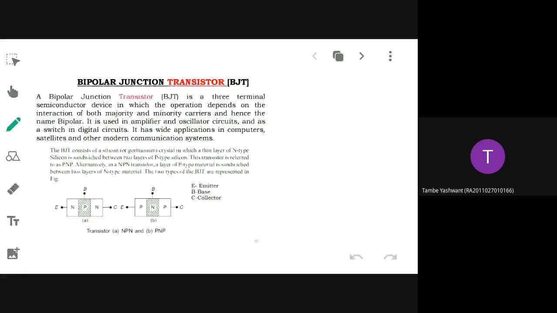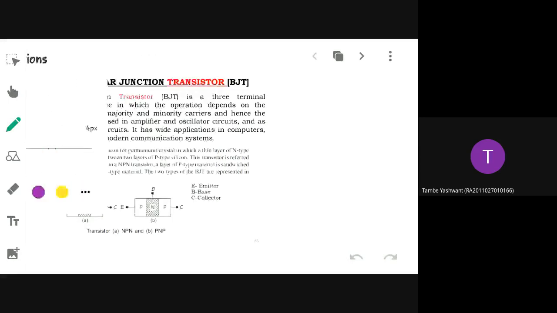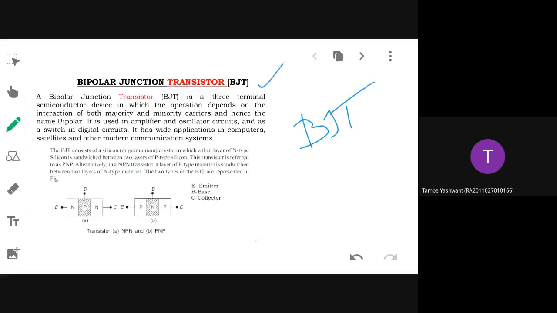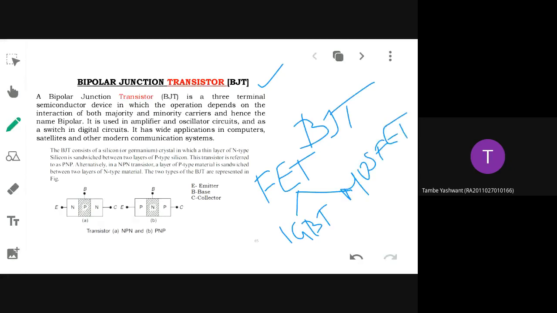Three transistors we are going to discuss: BJT, the bipolar junction transistor, and then two types of FETs, field effect transistors, IGBT and MOSFET. So you are going to discuss the operation of BJT, the different types of BJT, and the different configurations, and complete them today.